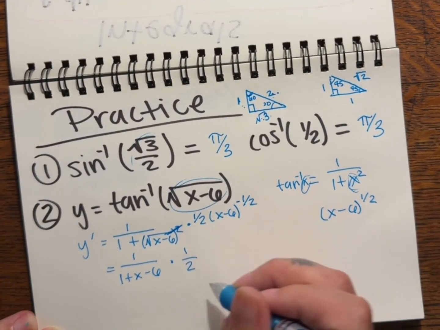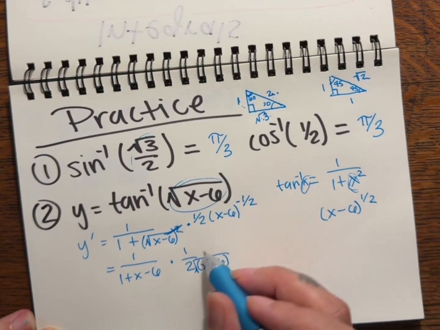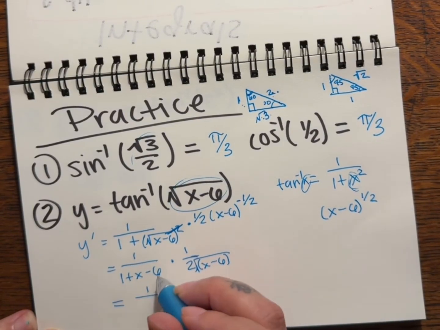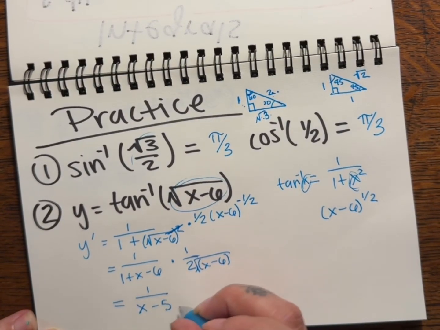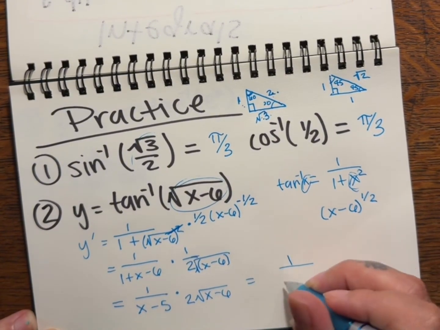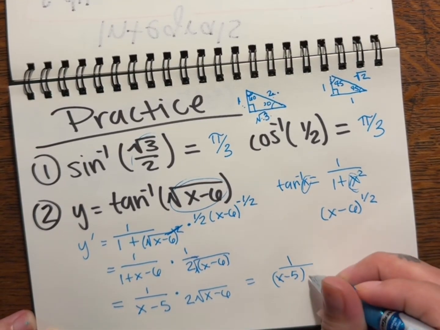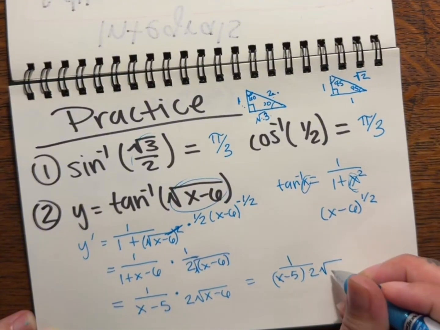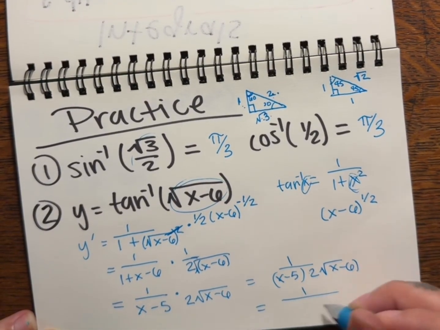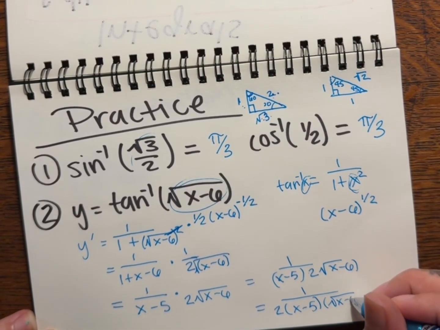This is on the bottom because it's a negative exponent, so it's the square root, right? And 1 minus 6 is negative 5, so it's 1 over x minus 5 times 2 times the square root of x minus 6. Let me bring that 2 to the front. And then that is your answer.